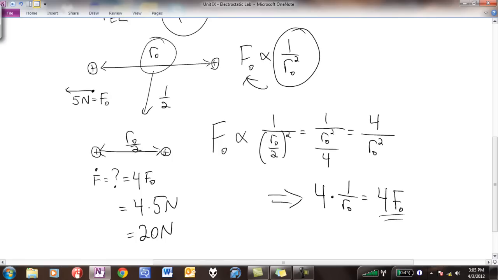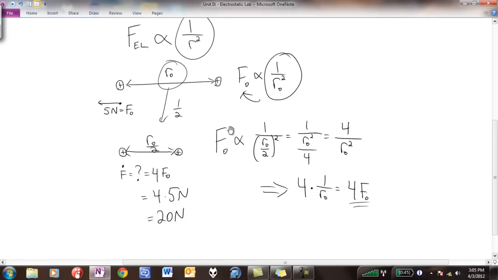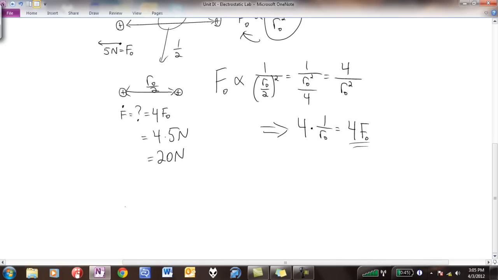You could start to say, well, what if instead of R naught over 2, I do R naught over 3? So you'll notice that this distance will get a little bit smaller, and then you'll notice that, wait a minute, by doing those calculations, you should probably try them out at home right now if you haven't done so already, or do it in your head. Hit pause if you're going to be doing that.